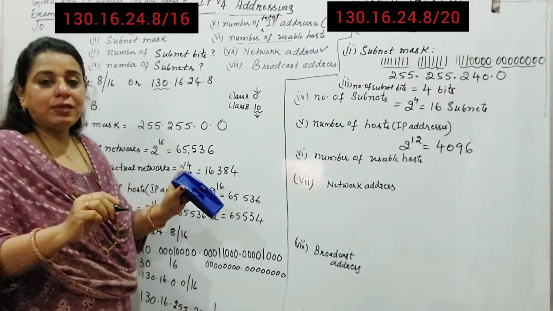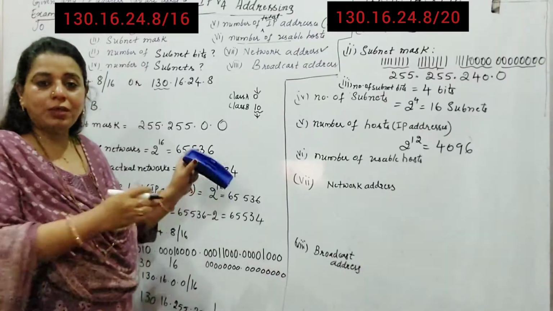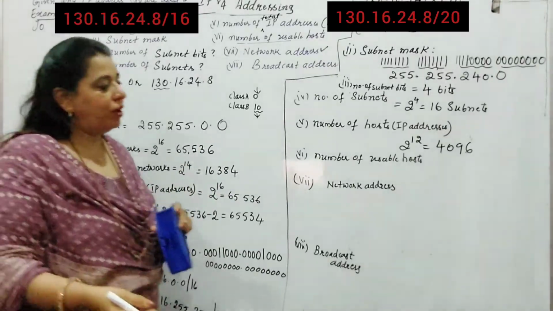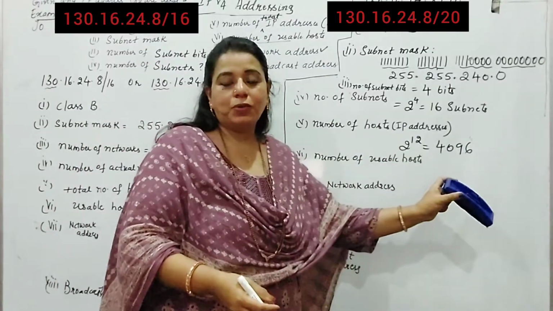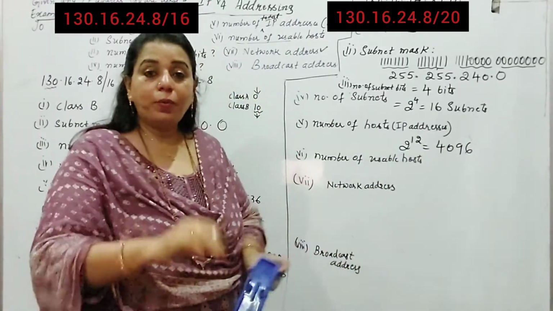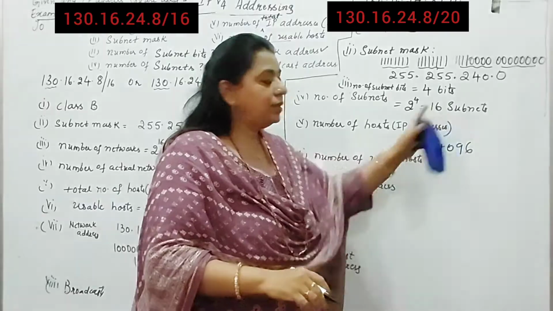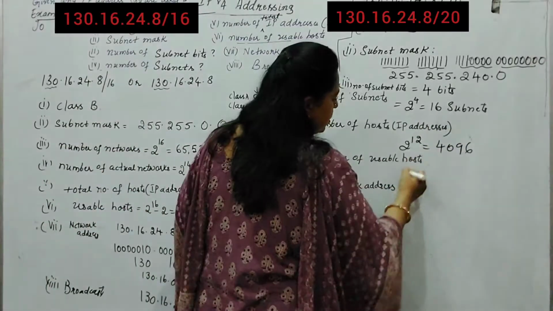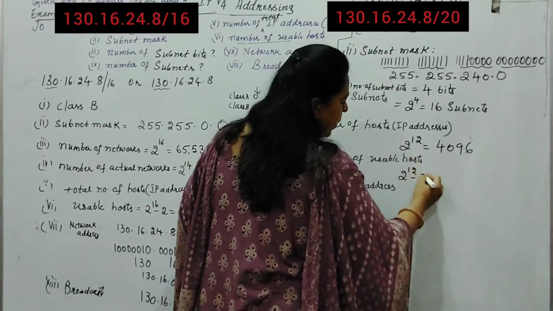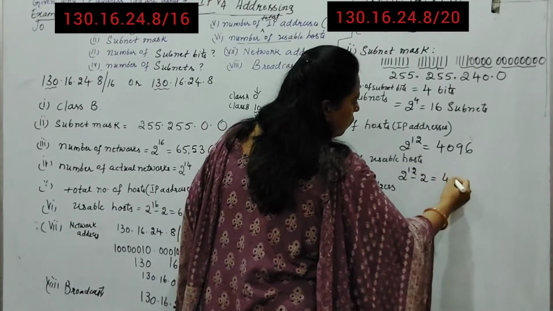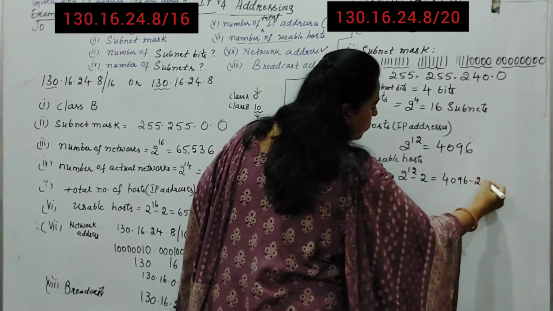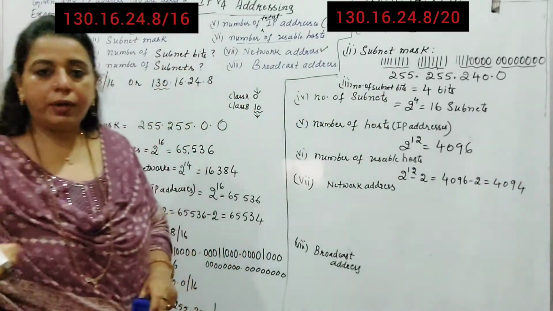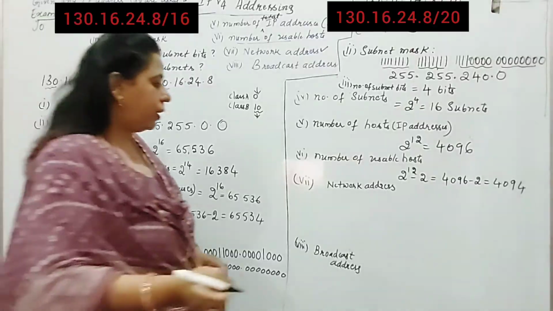These 65,536 hosts are across different subnetworks, and each subnetwork is having how much? 4096 hosts, and how many subnetworks are there? There are 16 subnetworks. So next is number of usable hosts. Usable hosts is always 2 to the power of 12 minus 2, which is equal to what? 4096 minus 2, 4094, because in each subnetwork you are subtracting 2 addresses, the network address and the broadcast address.